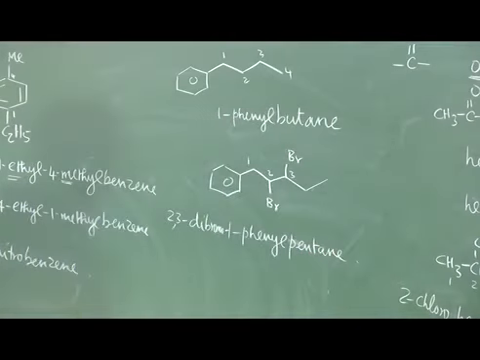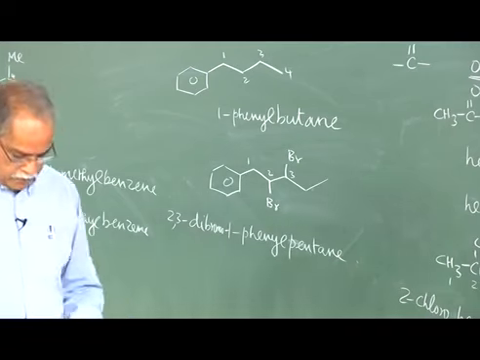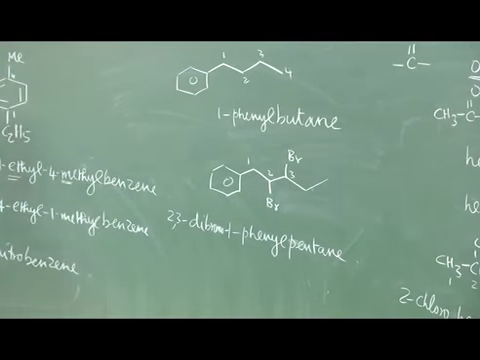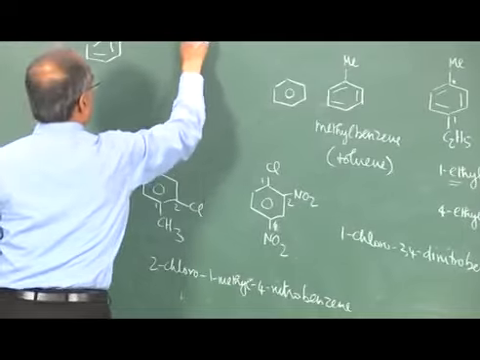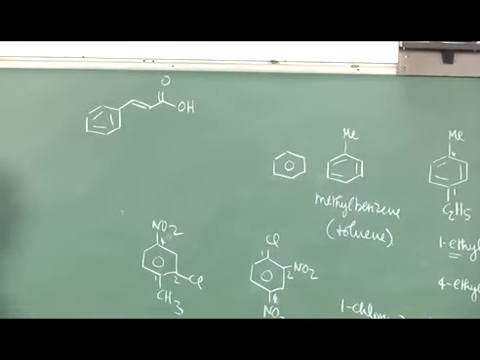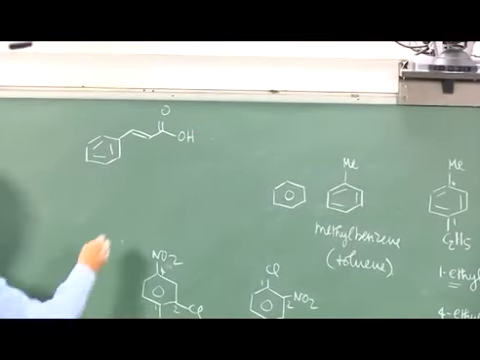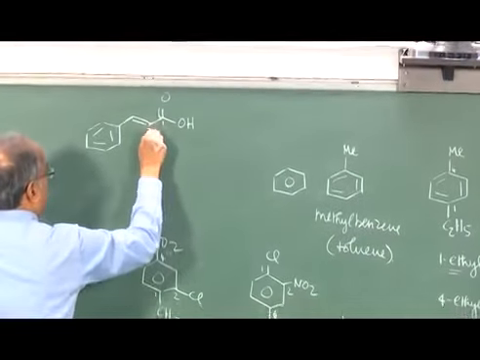So, it is named as a pentane derivative with the bromine in the 2 and 3 position and phenyl in the 1 position. So, it is 2,3 dibromo 1 phenyl pentane is the nomenclature for that particular compound. This compound is simply known as cinnamic acid. Colloquial name is cinnamic acid, not trivial name is cinnamic acid, for example. But if you were to name systematically this particular compound, the numbering starts from here.